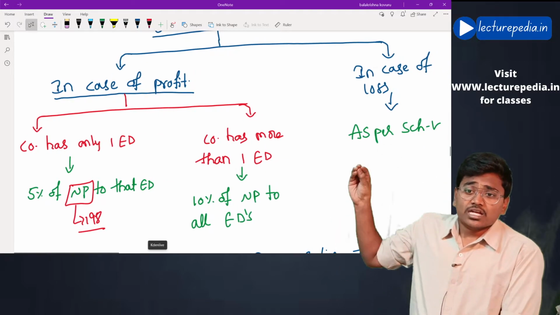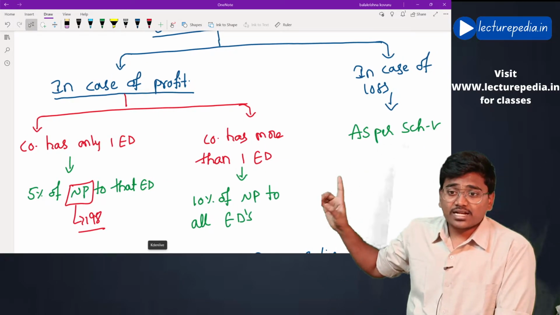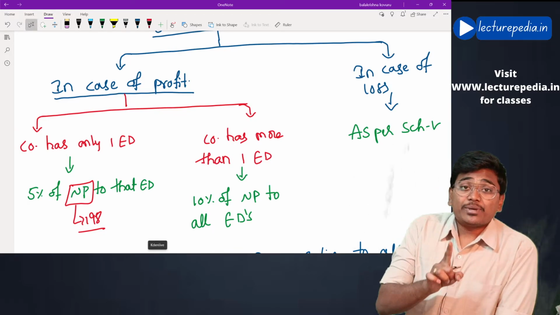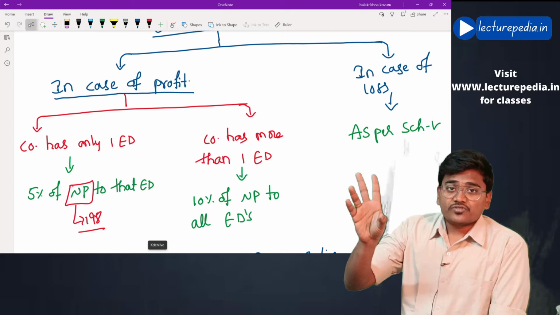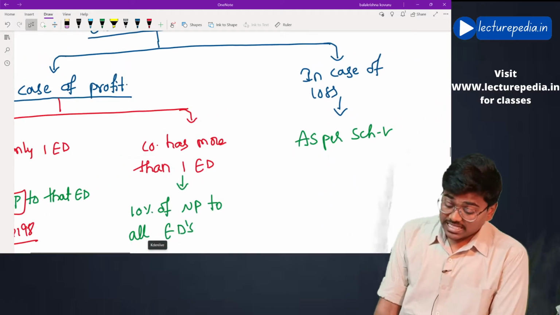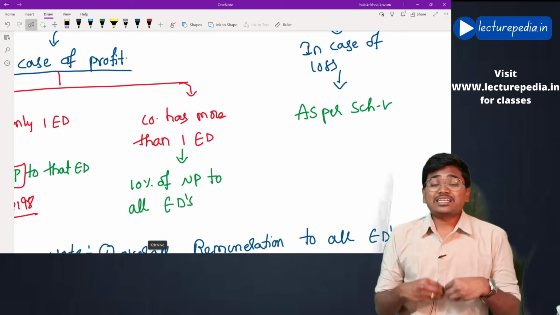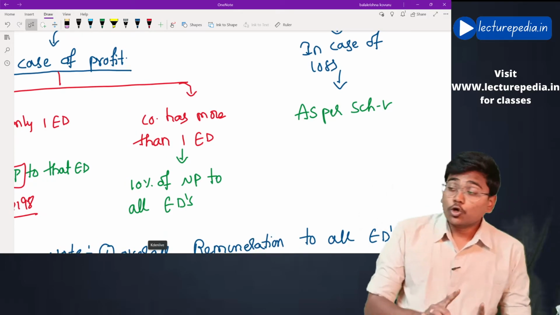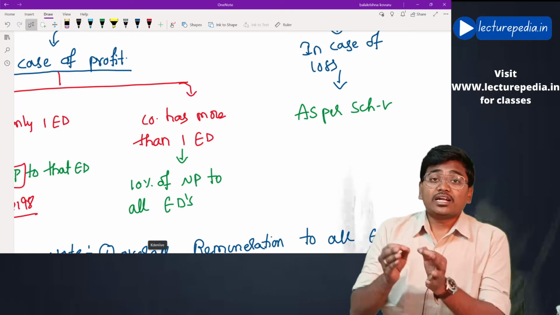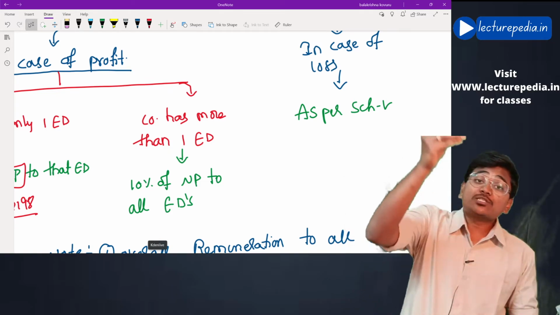That is, if the company is having only one executive director, the maximum managerial remuneration that can be paid to him is 5% of net profit of such company. Next, if company is having more than one executive director, in that case maximum managerial remuneration that can be paid to all such executive directors will be 10% of the net profit of company, calculated as per section number 198.